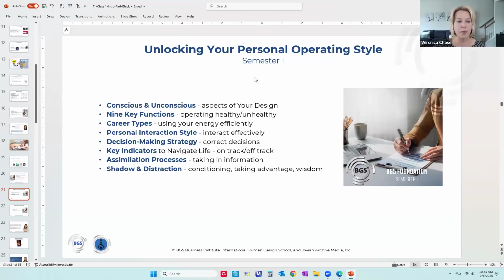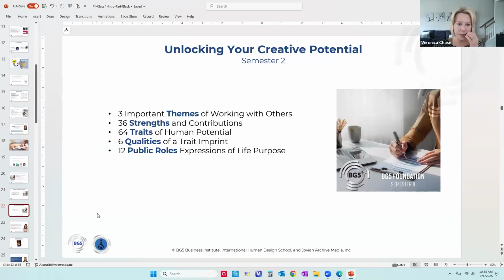And then again, using that with clients later on. So really knowing that. And then in semester 2, we'll get into the themes. We call them themes in BG5. This is the circuitry, what it looks like in terms of how that circuitry comes to life in your design and what that applies. So that's a whole other layer.